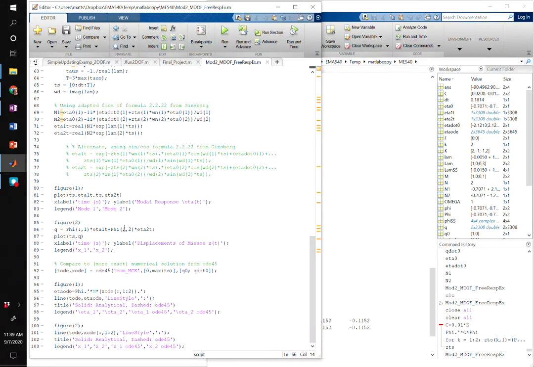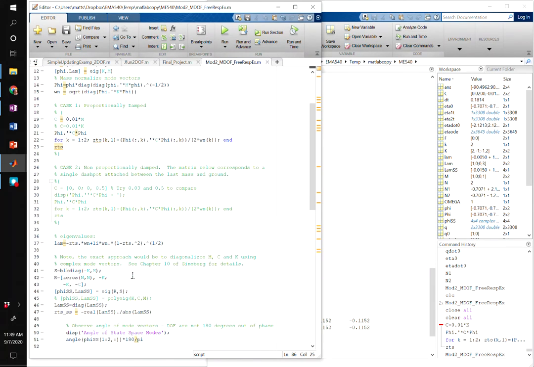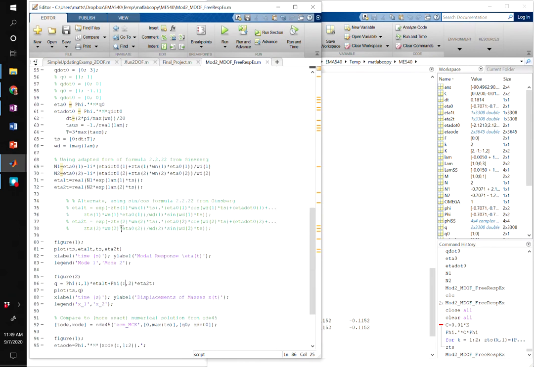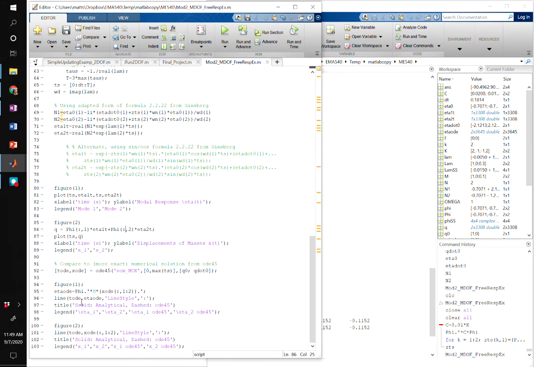And then to get the exact case where we don't make any approximation about damping, we run ODE45 on a system governed by the mass, stiffness, and damping matrices given above. So we use those exact matrices, and then we'll overlay that, and we'll see what we get.